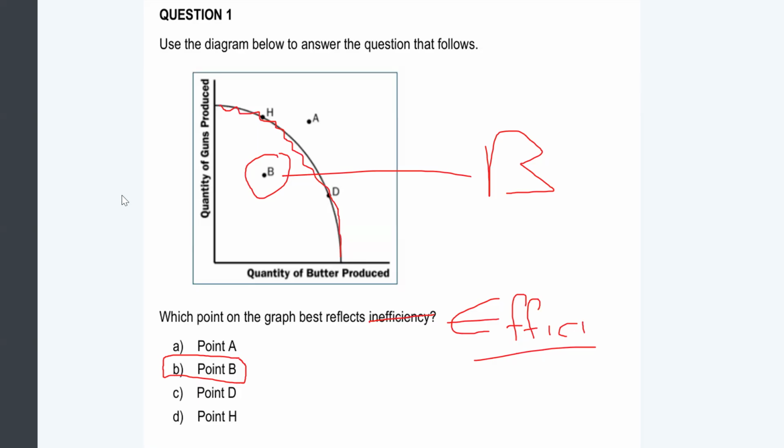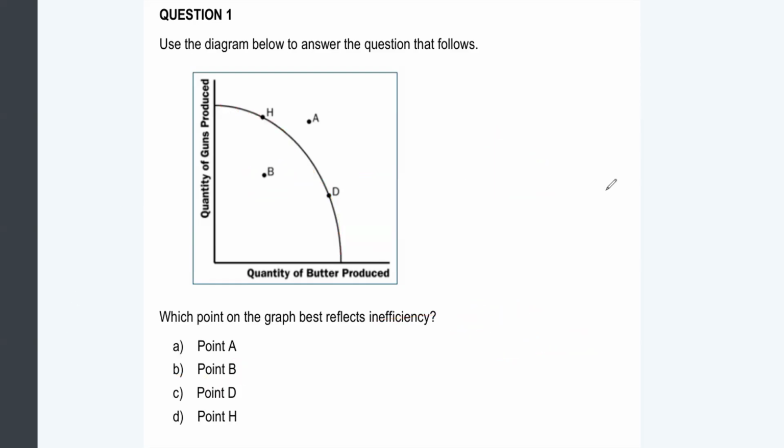And then if the lecturer had asked the question, can the economy produce at point A? Is it possible for us to produce at point A? What is your answer? No. Why?